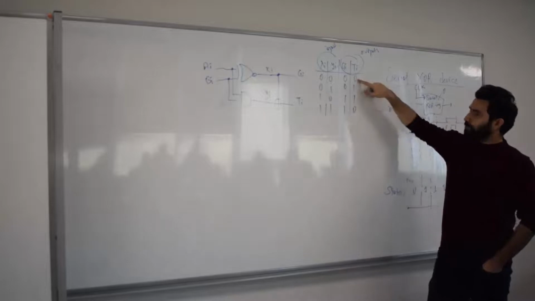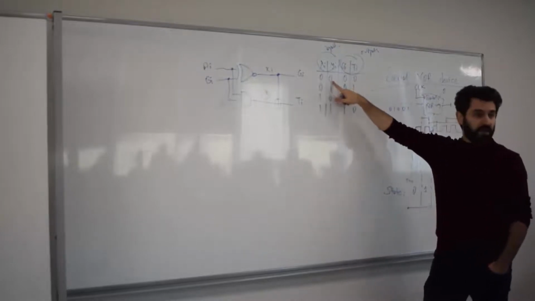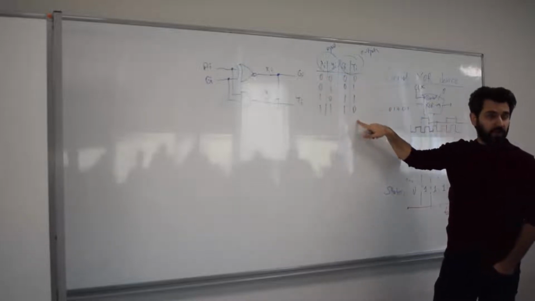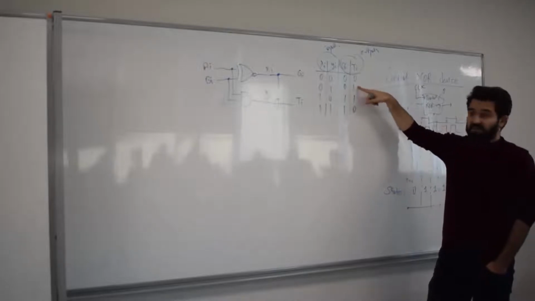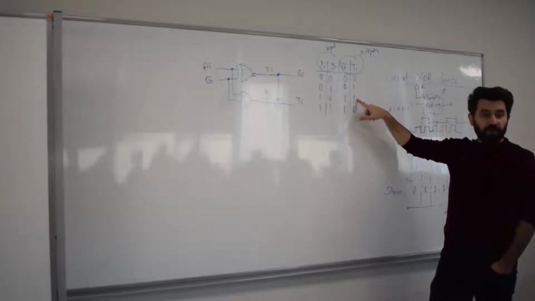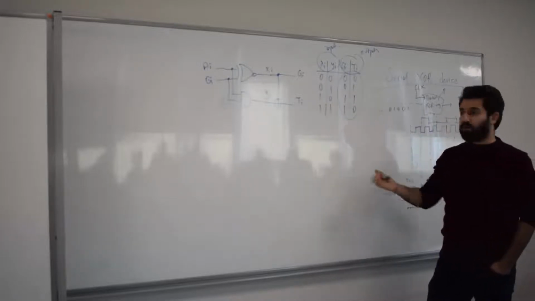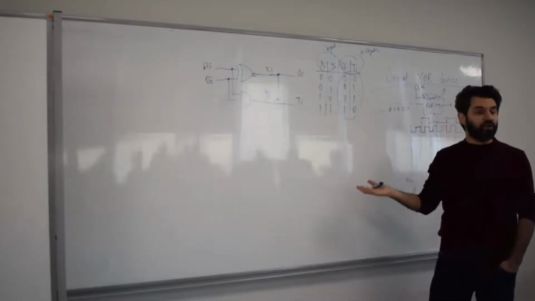If I give you 0 0 as an output, can you uniquely determine the input to be 0 0? Yes, because there is no other 0 0 in this table as an output. Also 0 1 is the only 0 1 in the output, and 1 0 here and 1 1 here. So you see outputs are unique for each unique input. Therefore, it's a reversible circuit.